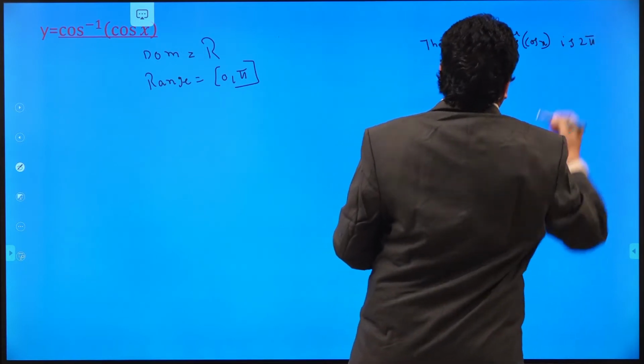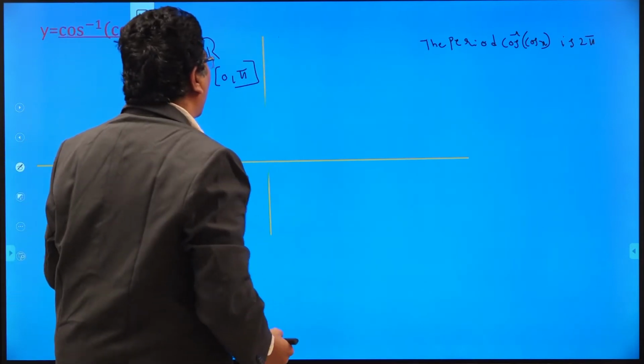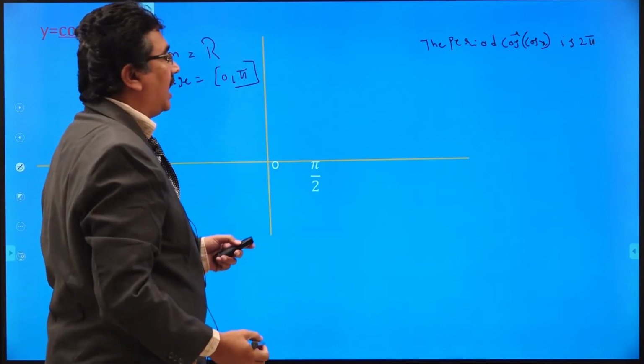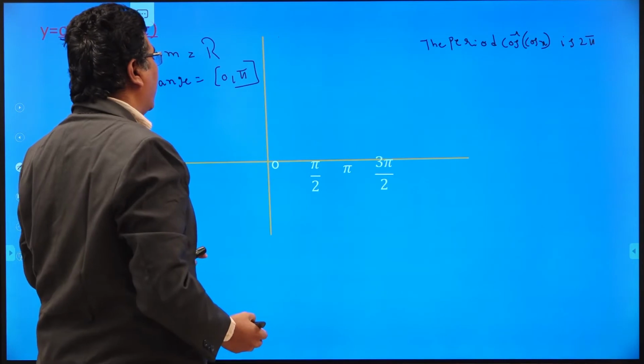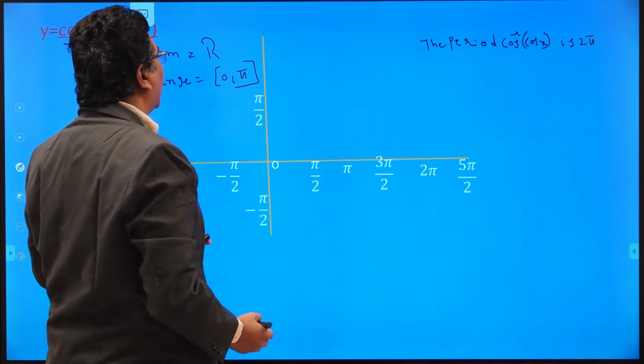Here also, by taking the domain values on the x-axis and range values on the y-axis, the range is the closed interval 0 comma pi.